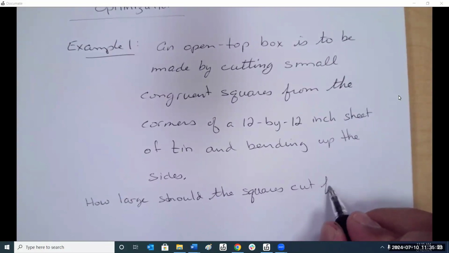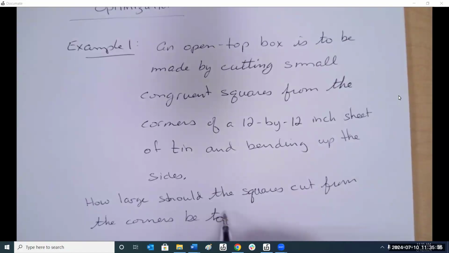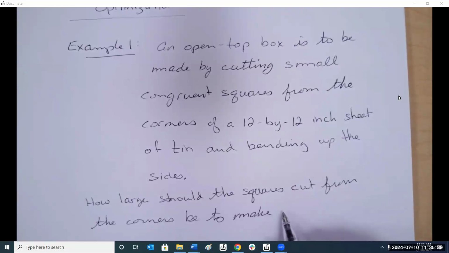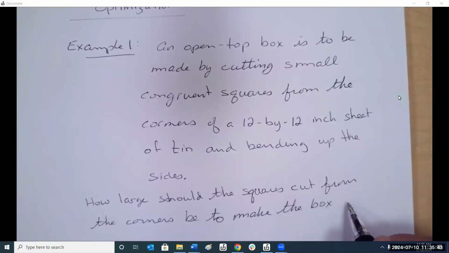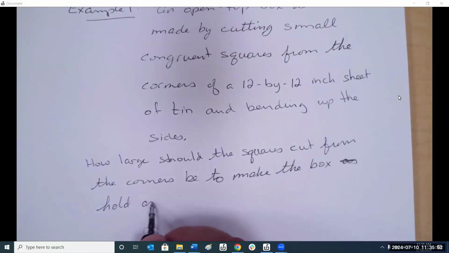The squares cut from the corners should be what size to make the box hold as much as possible?